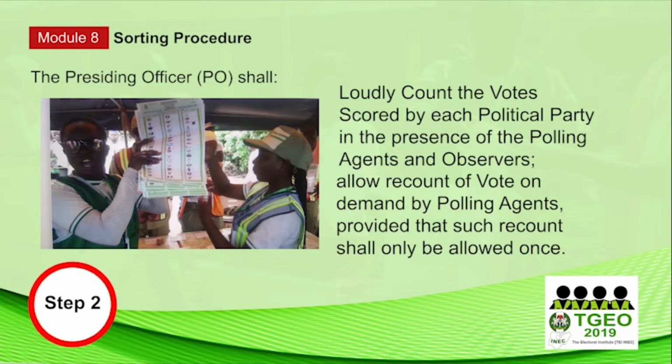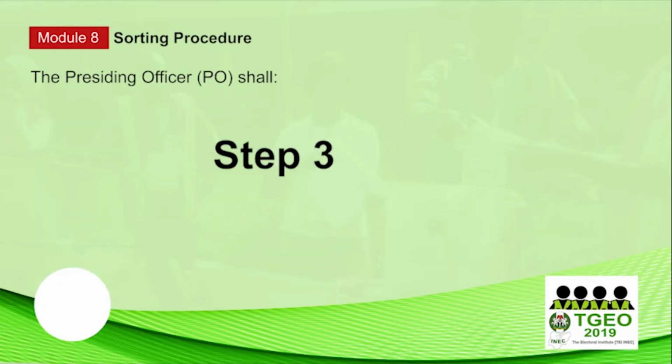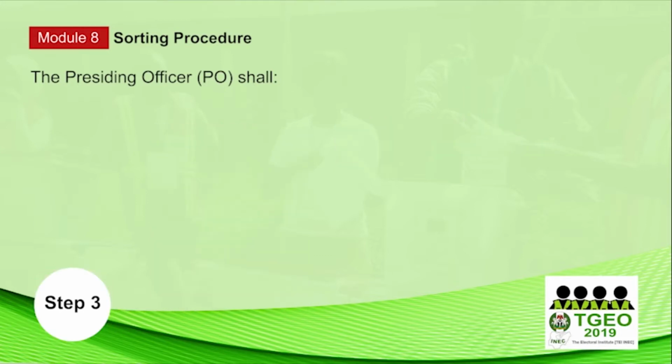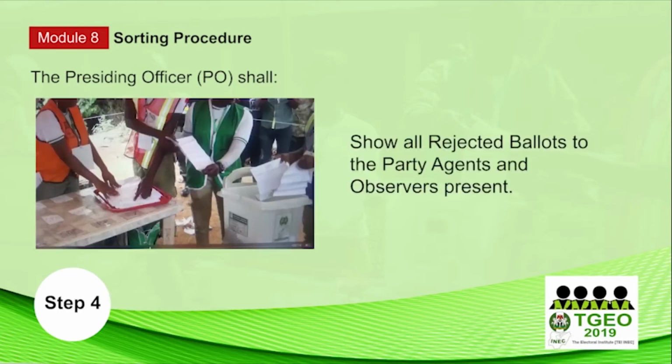Allow recount of votes on demand by a polling agent provided that such recount shall only be allowed once. Step 3. Write the word "rejected" in the front of every rejected ballot. Step 4. Show all rejected ballots to the party agents and observers present.